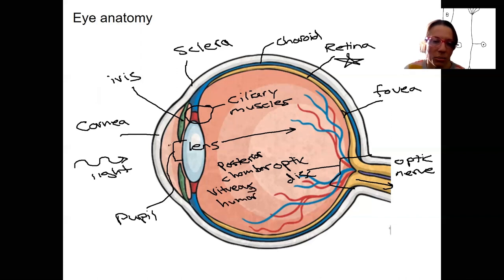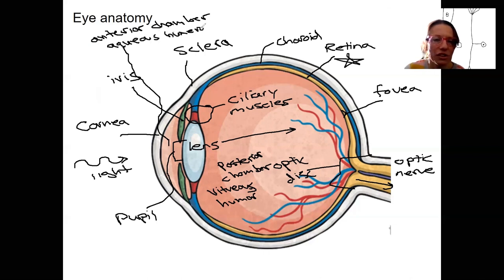The anterior chamber is in front of the lens. It's anterior to the posterior chamber. And it is full of aqueous humor, a little bit more watery than our vitreous humor.